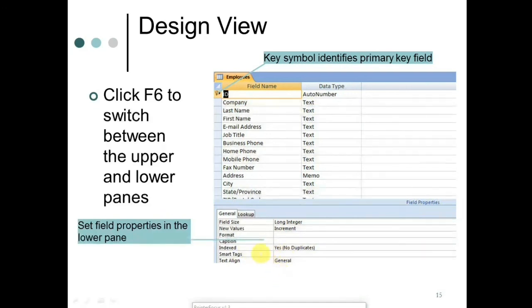You can see more options here. You can set your field properties using this panel. The rest of the chapters, forms and reports, we will discuss next class. In chapters 3 and 4 we are going to discuss how to create a form and reports.